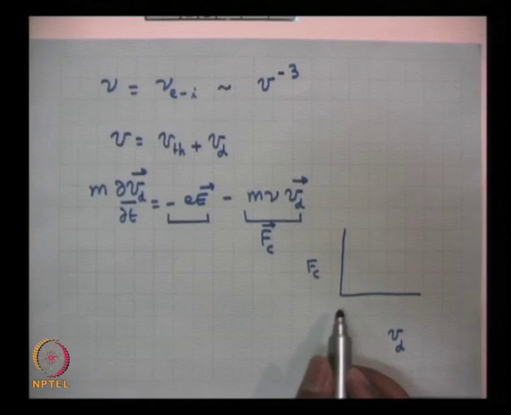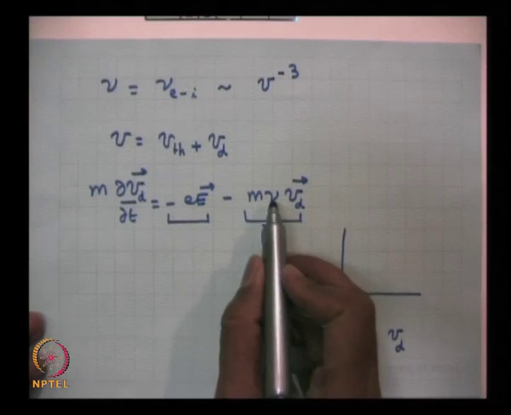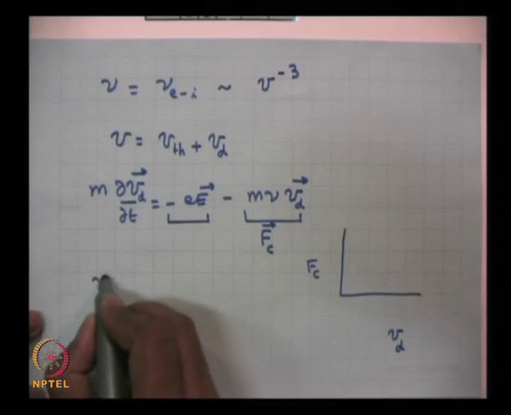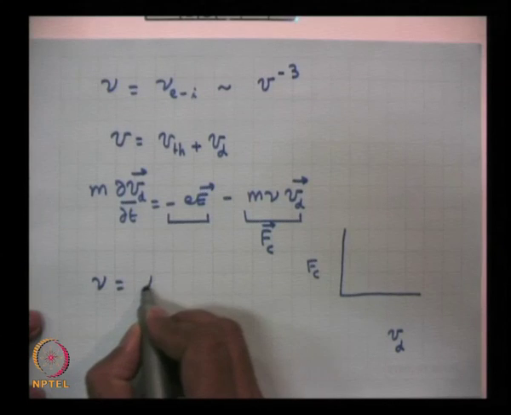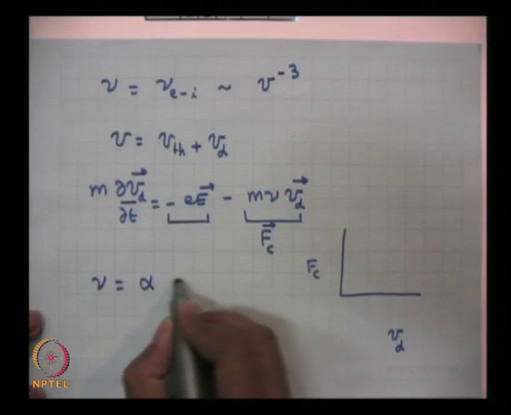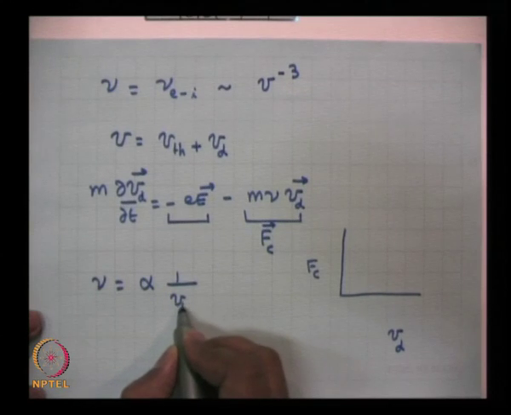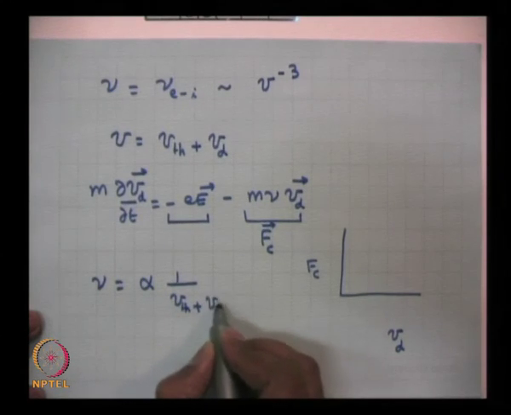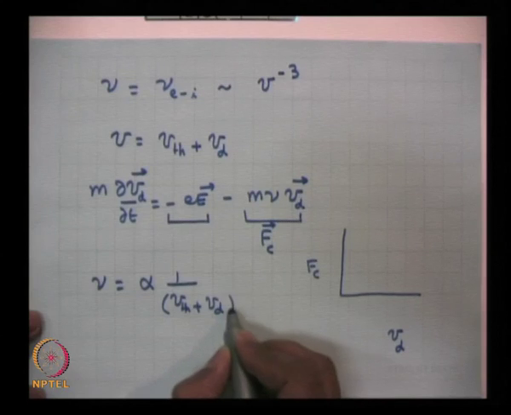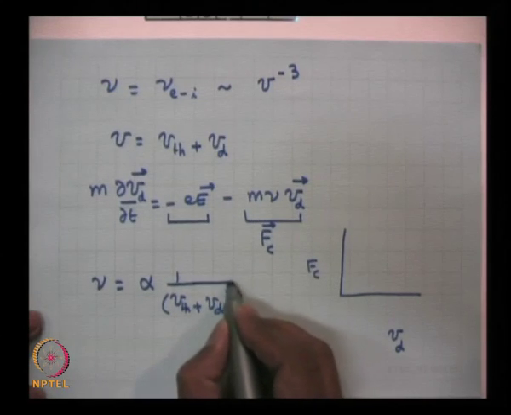Please understand, I can write nu is equal to some constant, say alpha, times 1 upon V thermal plus Vd to the power cube.